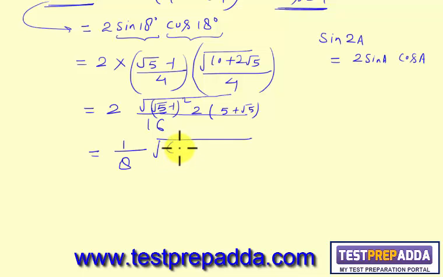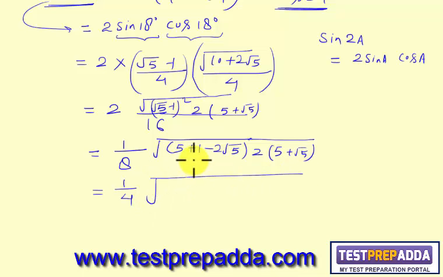I'll use a minus b square, so a square will become 5, plus b square, minus 2ab means minus 2 root 5. Okay, and here I'll take 2 common, 5 plus root 5. Now if I take 2 common here, the 2 into 2 will go outside this root. It becomes 2 by 8, means 1 by 4.